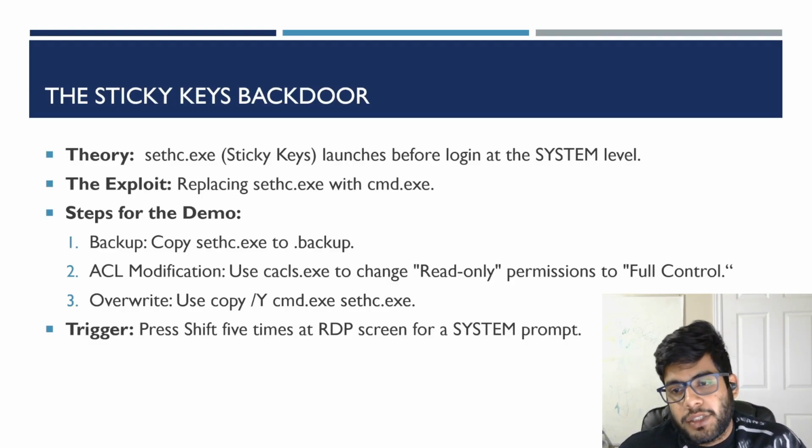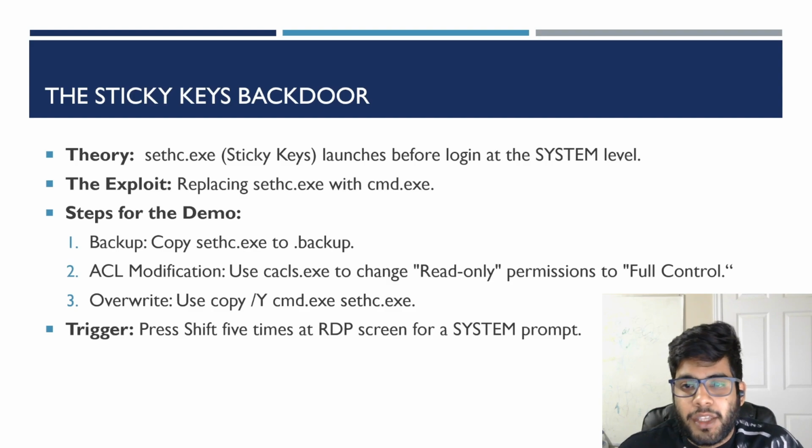To get full control, we use the sticky keys backdoor. Normally, hitting Shift 5 times on a Windows screen runs a help program called sethc.exe, the sticky keys program. Since we have admin rights, we will swap that file with cmd.exe. We will use our web shell to back up the file and then change the permissions using cacls.exe.